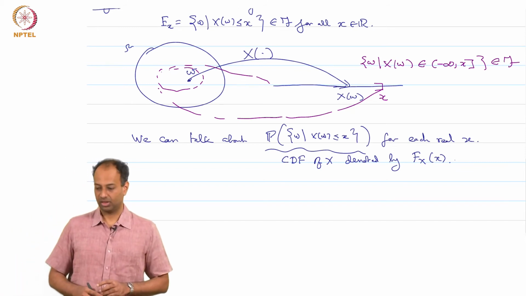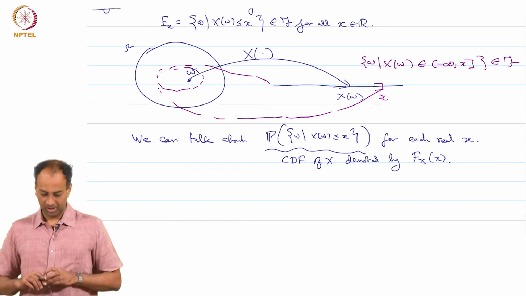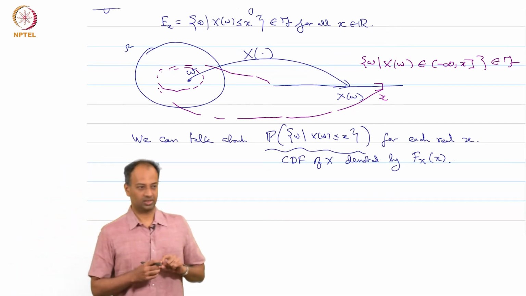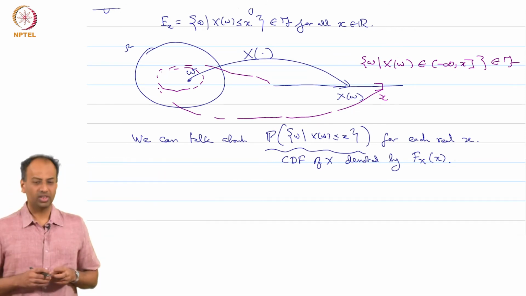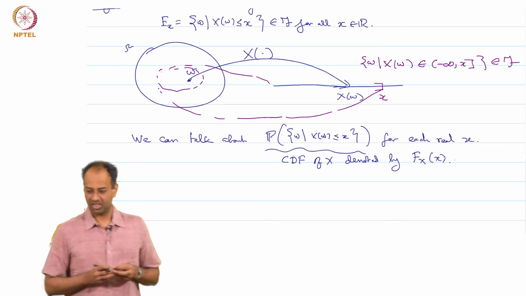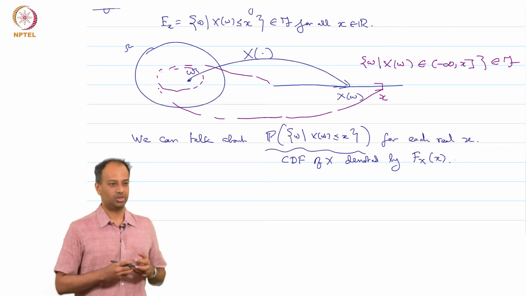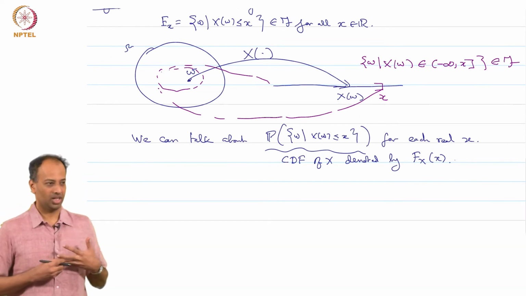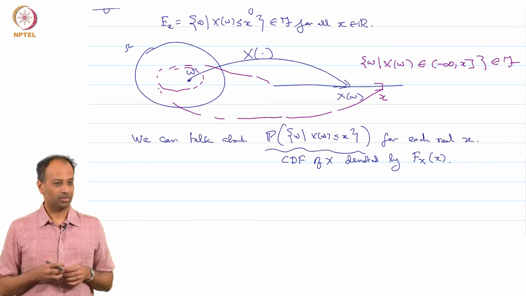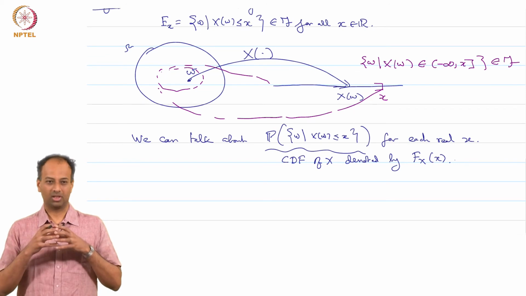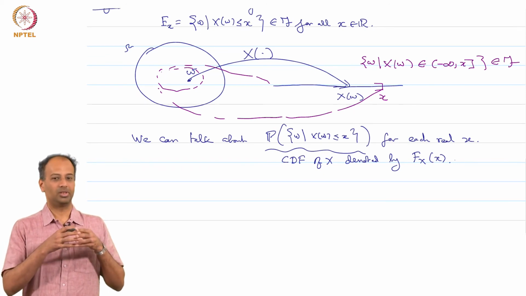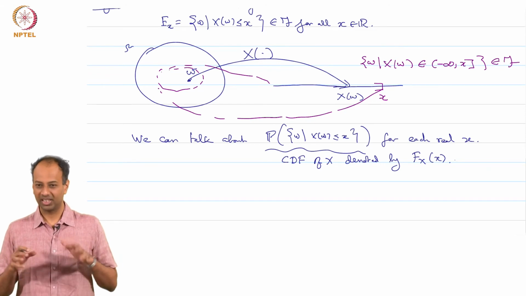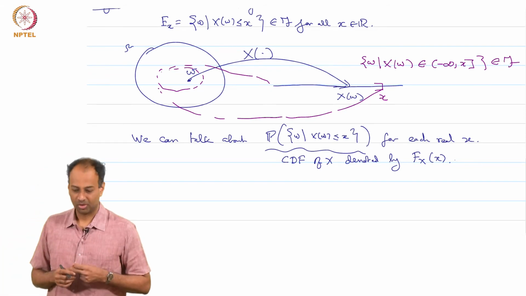So, F_X of little x is simply the probability of the random variable taking values less than or equal to little x. And it is easy to establish that if you are given the CDF of a random variable, then you know everything about its statistical properties. Any nice subset of R, you can talk about the random variable taking values in that subset of R. By nice I mean Borel subsets of R.